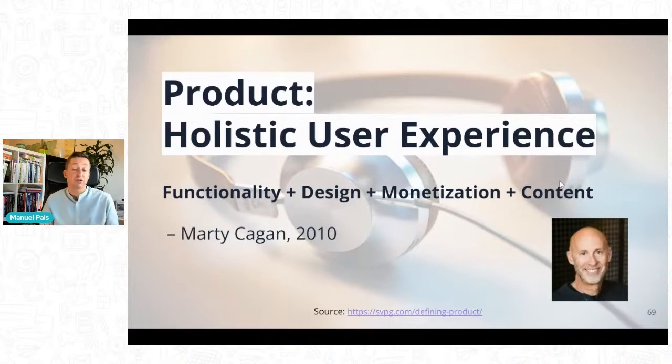Is the functionality, obviously, which features we're providing, but also the design and the monetization of the product and the content, if it's content-based. Obviously, I can mention for the millionth time that Apple products have been good examples of the product not being just about the features, functionality, but how that functionality is provided and how the user engages with it.